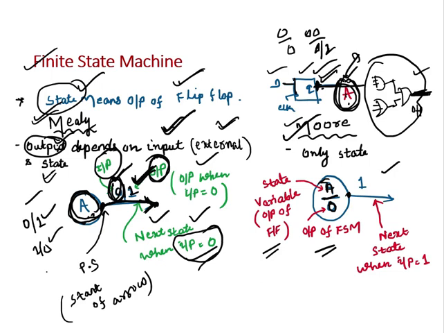The right side represents the output. This down part is the output of FSM, and this arrow mark is the next state. So when the FSM is in this state, it will move to the next state when input equals 1. There is no output on the arrow, only the input. So this is how the Mealy and Moore machine representations look.